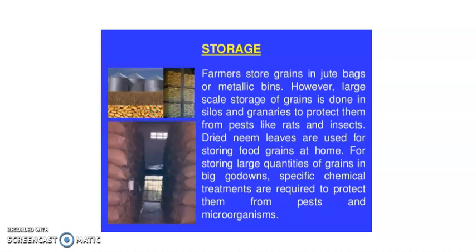Earlier, when we did not have all these techniques, farmers used to put dry leaves over the grain. It is said that these dry leaves repel the insects or microorganisms that are going to attack the grain. So in a way, you can protect the grain from microorganisms attacking it.